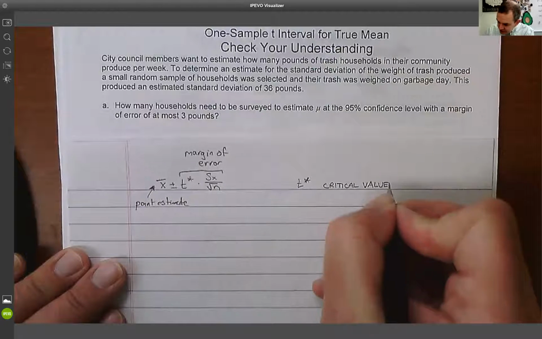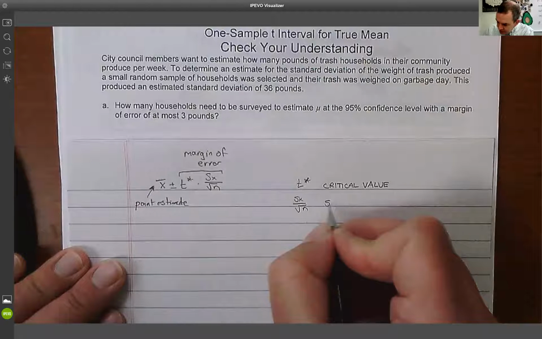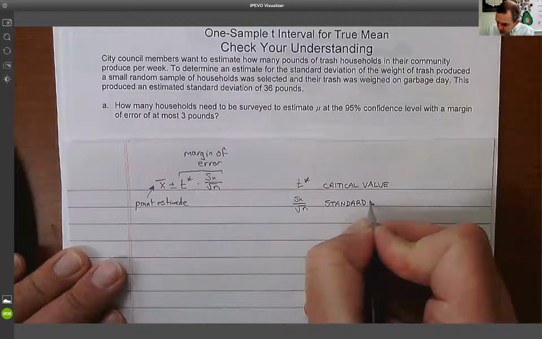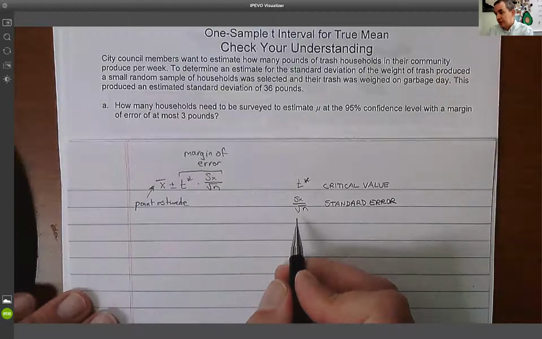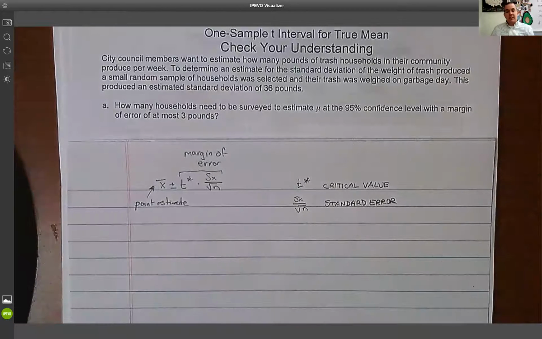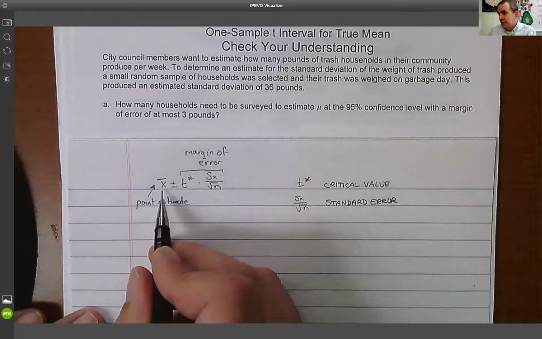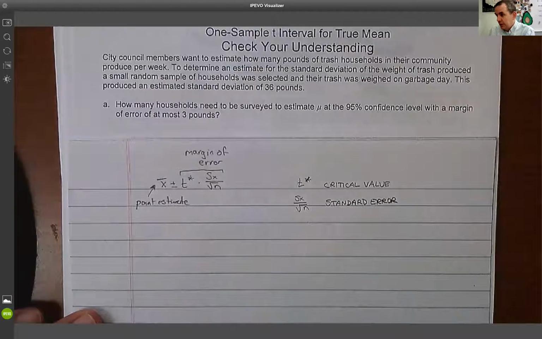And this s_x over the square root of n is our standard error, the standard deviation of the statistic, in other words. So basically, if I took a sampling distribution of size n, I'm using my sample standard deviation as my best guess. So here's my guess of the mean plus or minus a certain number of standard deviations. Okay, so that's what we're dealing with.